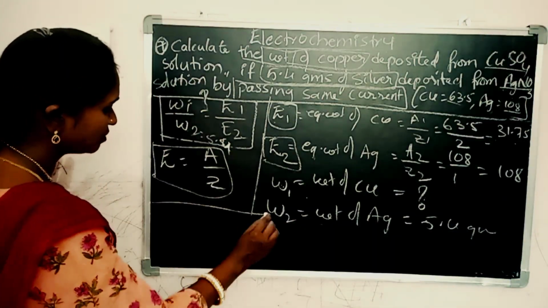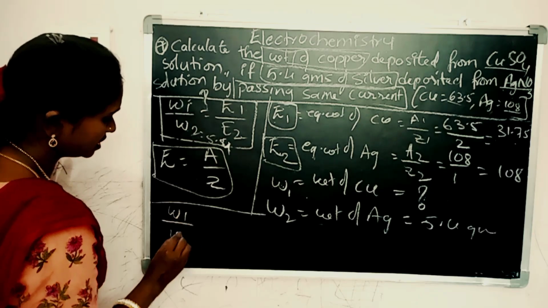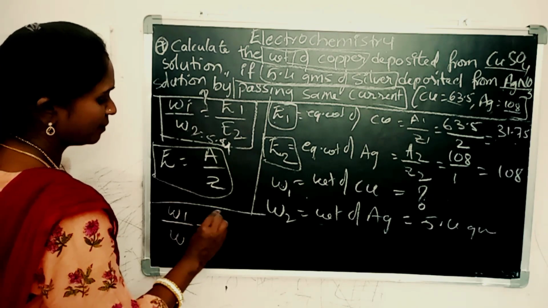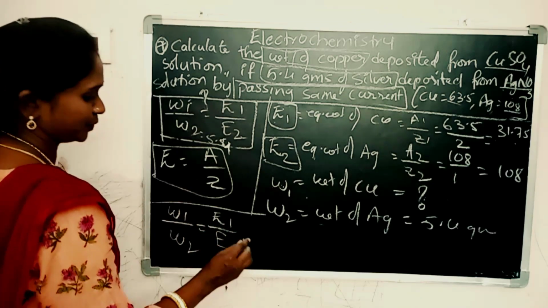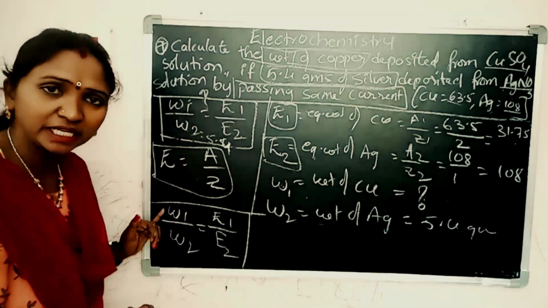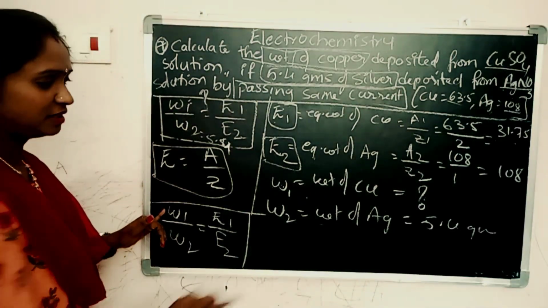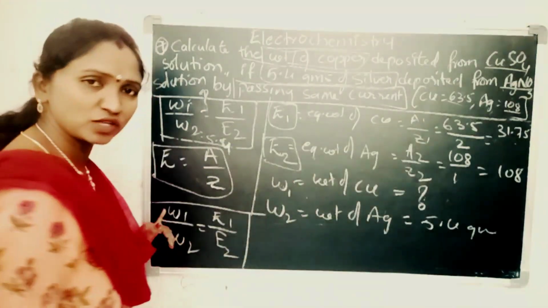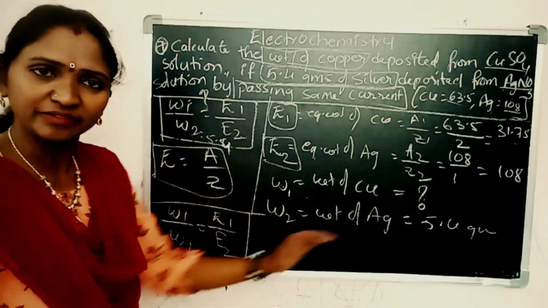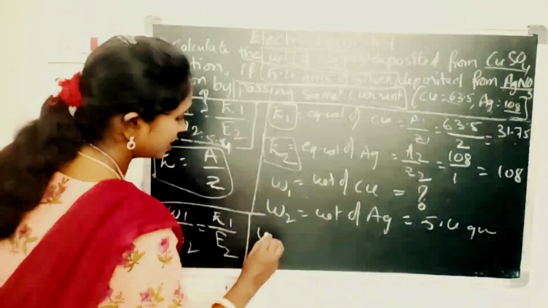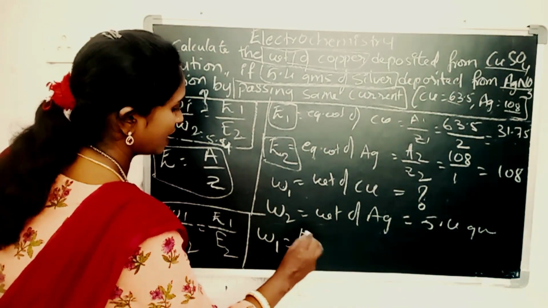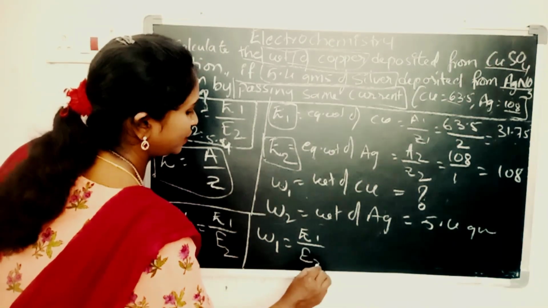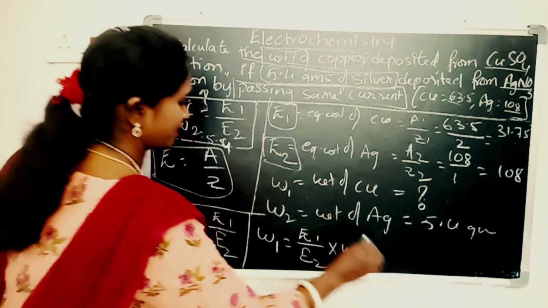So the formula is W1 by W2 equal to capital E1 by capital E2. We have to calculate W1, that is the weight of the copper deposited. The weight of the silver is given. So W1 equals capital E1 by E2 into W2.